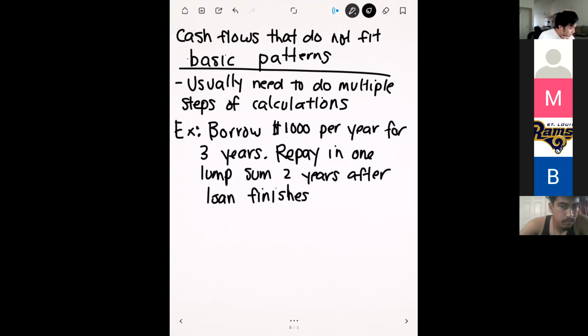And the interest rate is going to be 15%. And so what we want to compute is, in that lump sum, how much are we going to have to pay for this loan?